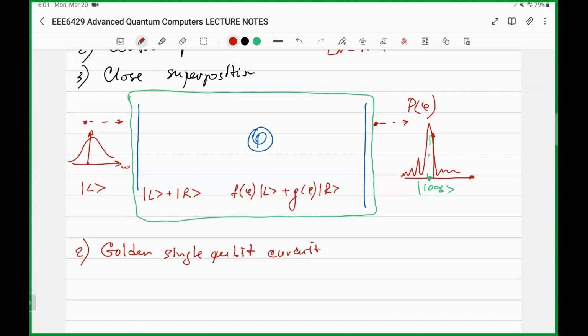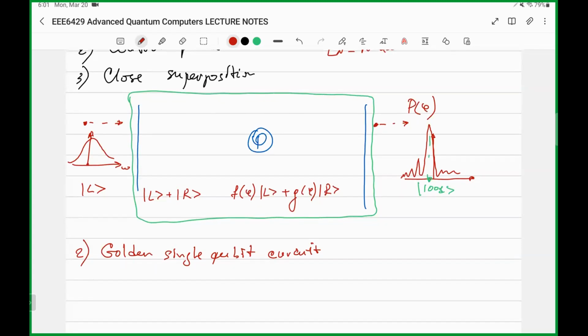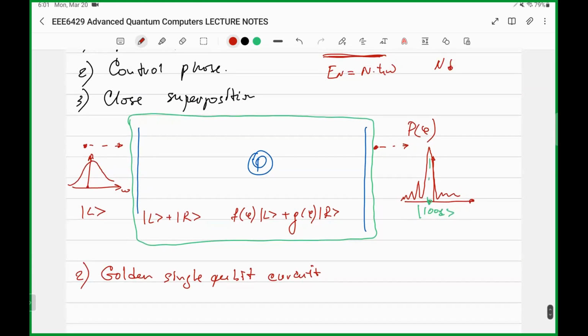So we assume that our system is Hermitian, with no absorption, and in a system without absorption, the photon can be either transmitted or reflected, and that's it. So frequency doesn't change. What changes is the number of photons. For a system of one photon, nothing happens to the frequency.